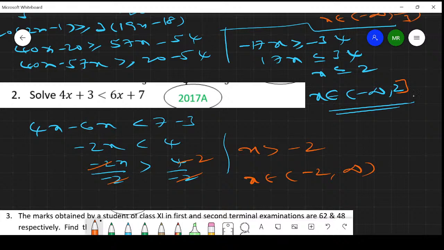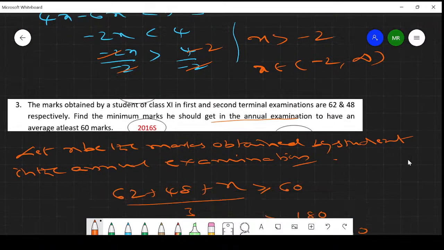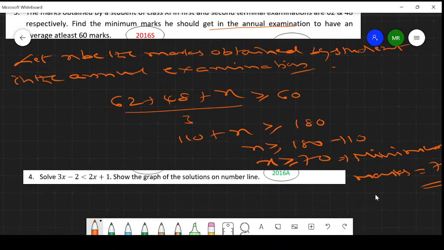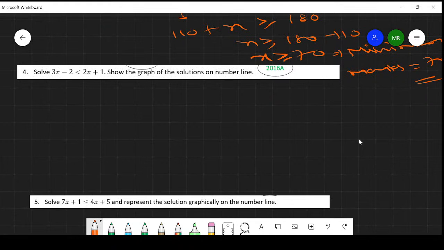Minus infinity comma 2, including 2 because equality is there. Good. Here there is no equality, so excluding minus 2. What you told is right. Correct.